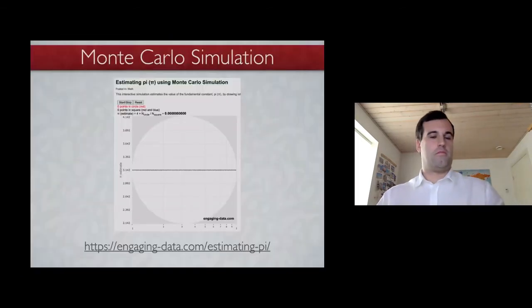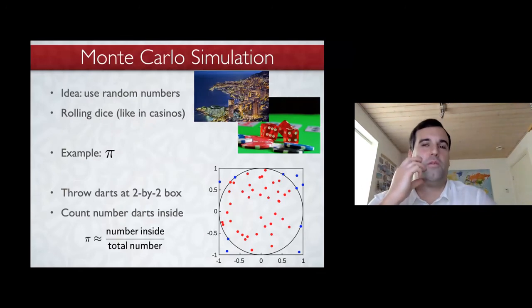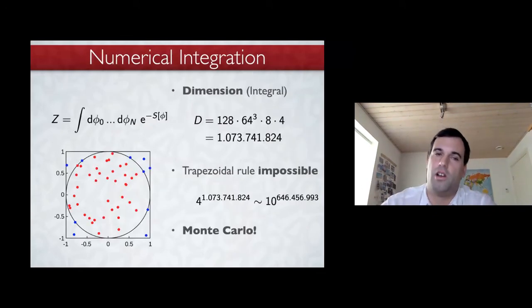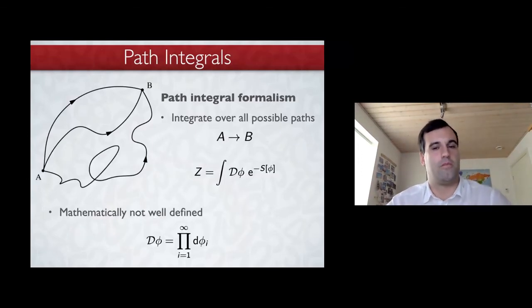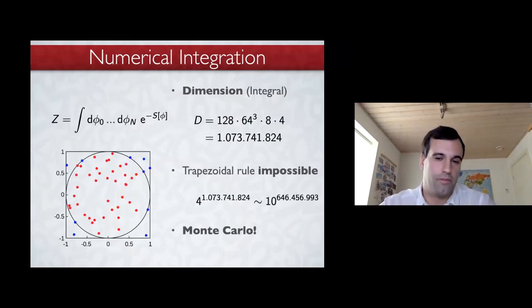And continue. This was the idea we want to use. In order to solve our big numerical problem, which comes from this path integral formalism, we can boil it down to doing a numerical integration, just using random numbers to try to solve it.